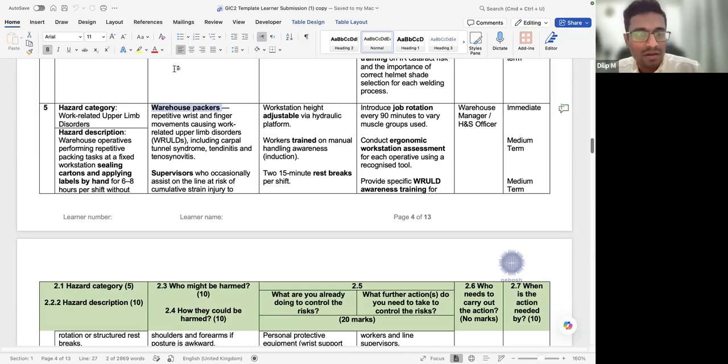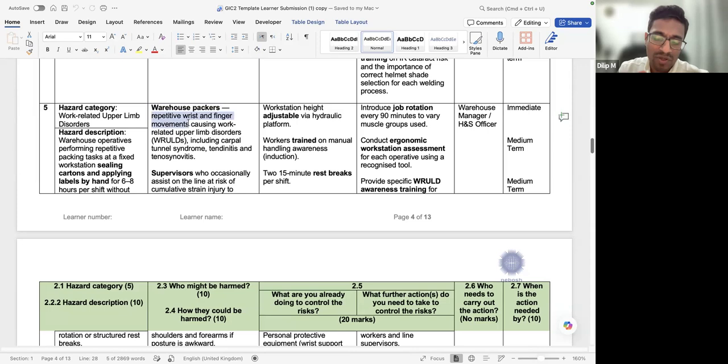Yes, thank you. So warehouse packers, who and how they might be harmed, and what the consequences and severity of harm are. Repetitive wrist and finger movement causing, like I said, we should not give generic information like it leads to injury or ill health.